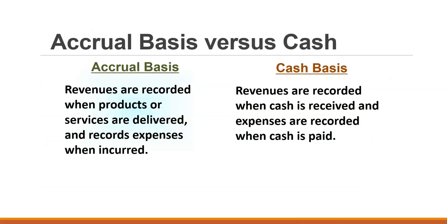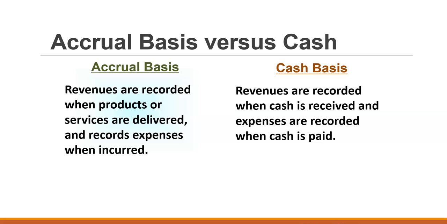Next, we're going to look at accrual basis versus cash basis accounting. Under accrual basis accounting, we record revenues when products or services are delivered and record expenses when they are incurred. Under cash basis accounting, information is recorded in the journal only when cash changes hands.